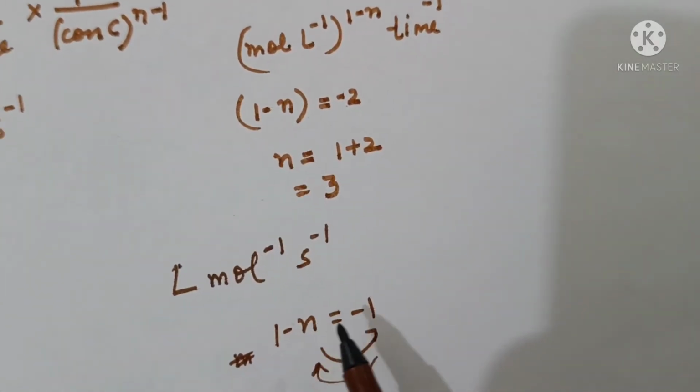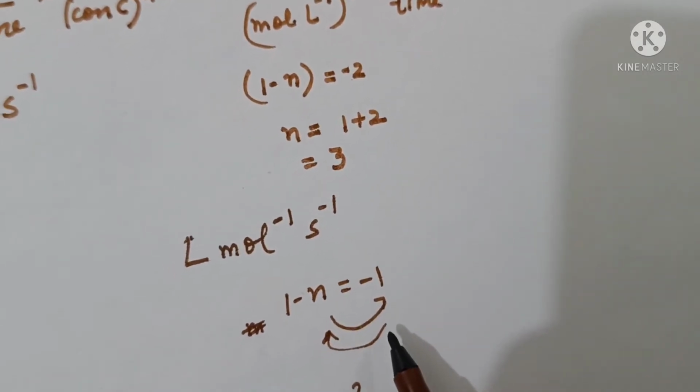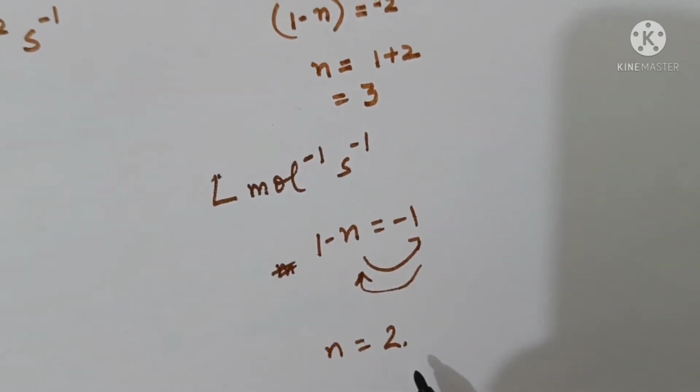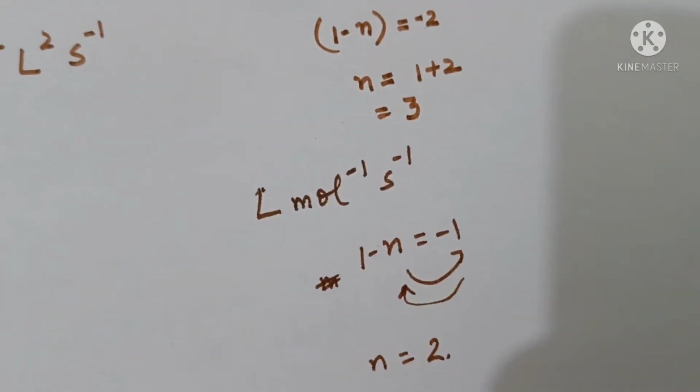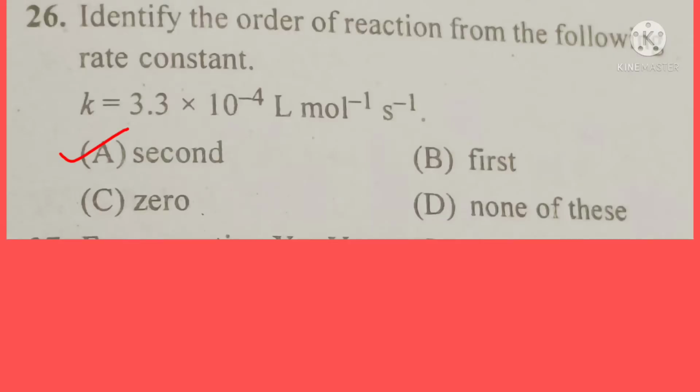So 1 minus n is equal to minus 1. N goes to this side and 1 to this side. So we get n is equal to 1 plus 1, n is equal to 2. So the reaction should be of second order. So option A, the reaction is of second order, is the correct answer.